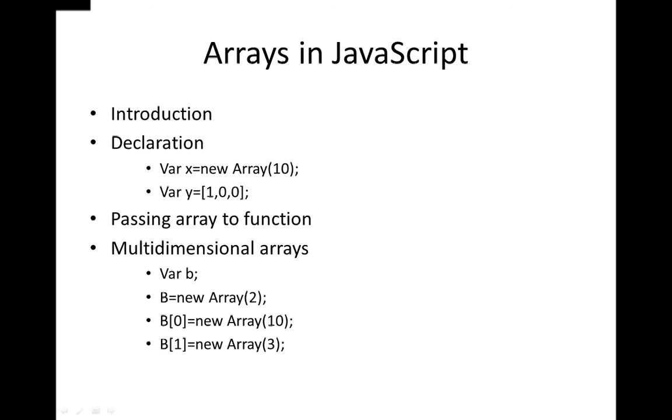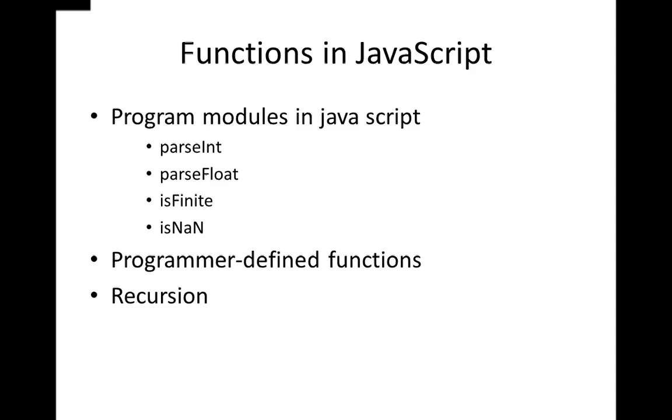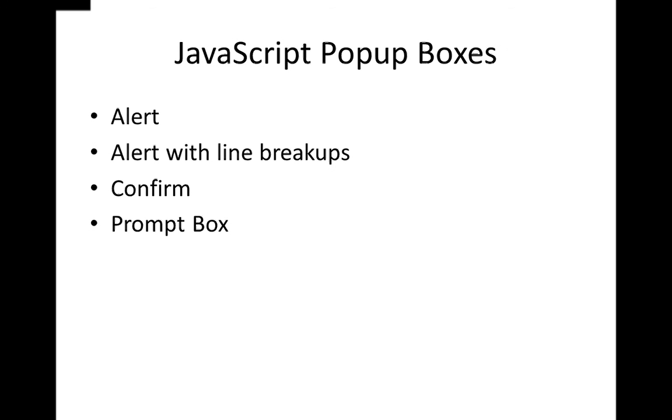In the same way we pass arrays to JavaScript functions also. This is all about arrays, functions, and some part of the pop-up boxes. In our programming we use this prompt box, and of course we have used document.write.